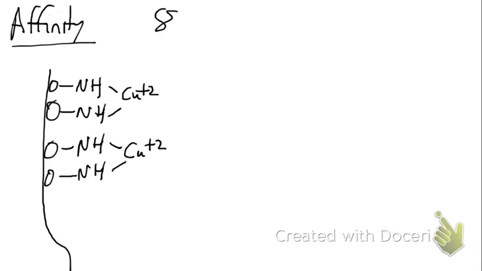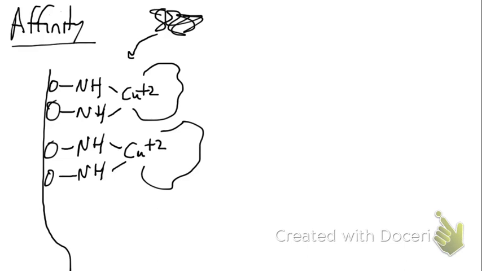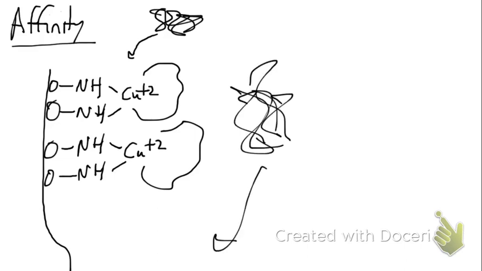So let's say this is our protein, we put it in our column, and it's going to bind to copper, while all the other proteins just flow out. That's awesome. We have bound our protein. But the problem is we want to get our protein off so that we can study it.